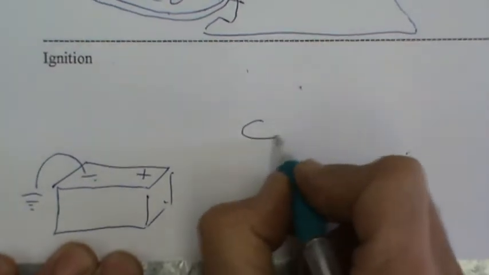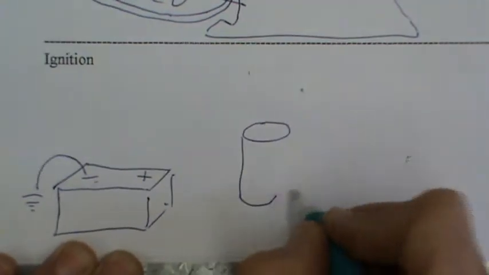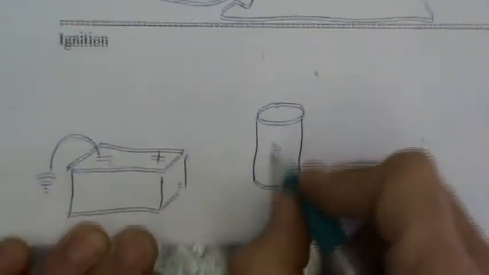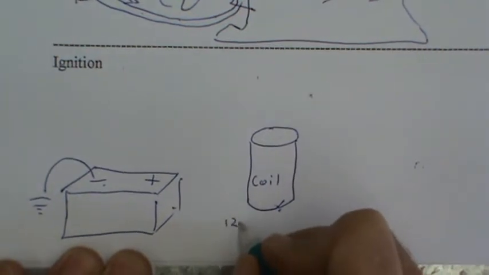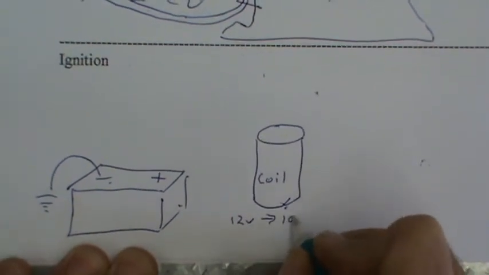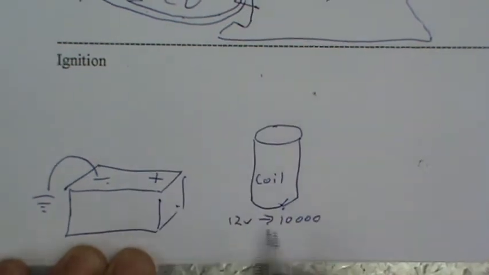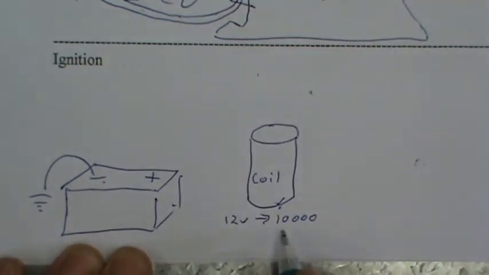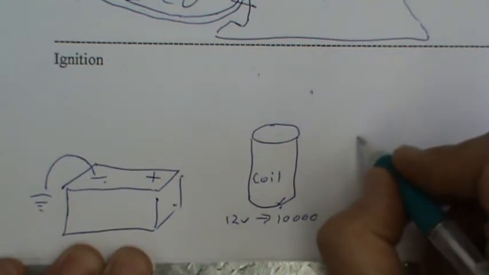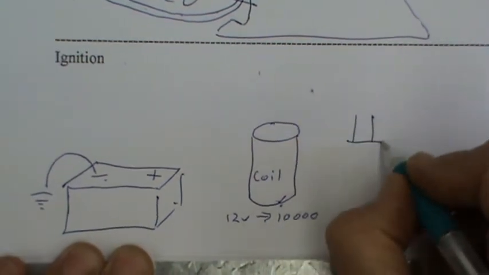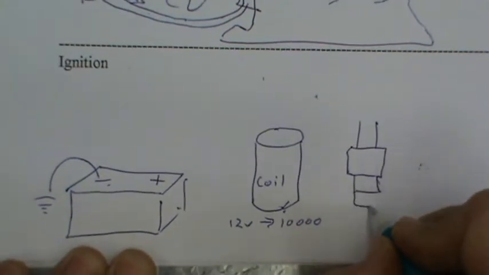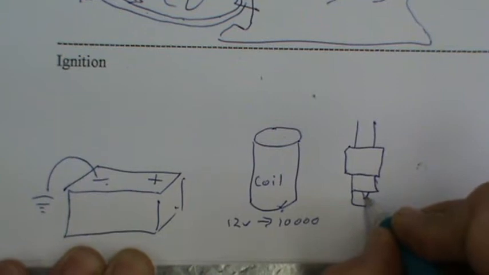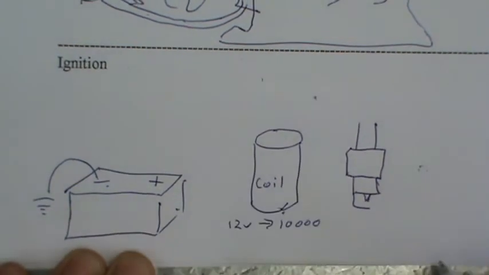The positive, just on our simple motors like our 202s and like, we've got a coil which changes 12 volts to 10,000 volts. So we've got to have 10,000 volts to jump the air gap on our spark plugs. So we've got our spark plug, there's an air gap here which we need 10,000 volts.